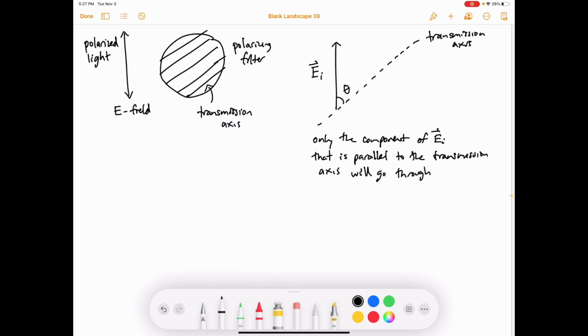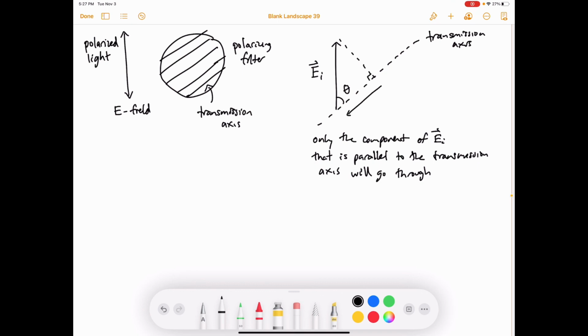Okay, any component that's perpendicular to the transmission axis gets blocked by definition. So let's drop a line down onto the transmission axis like this, so that's perpendicular to it.